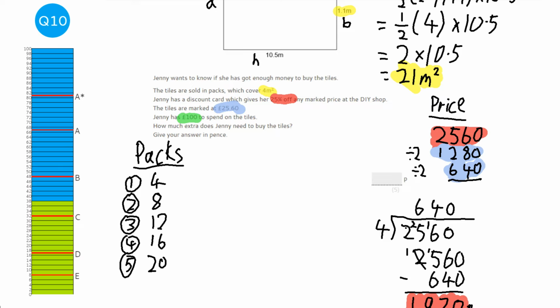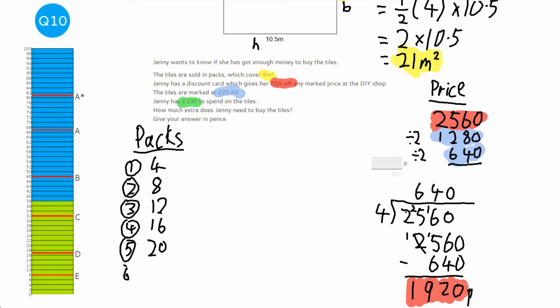Now she was almost there. Remember, she needs 21, but she'll need to buy another pack because I don't like you taking some out of a pack. So she needs to buy 6 packs. Okay, so 6 packs. So she needs to buy 6 packs, and she's paying 1,920 pence for each pack.